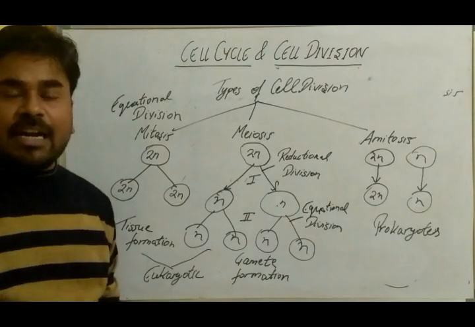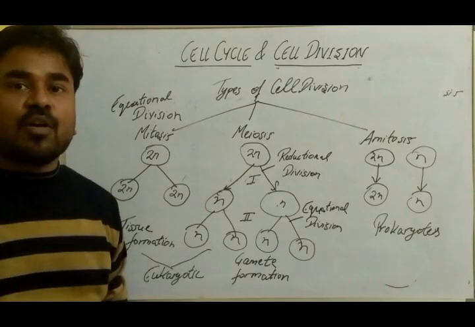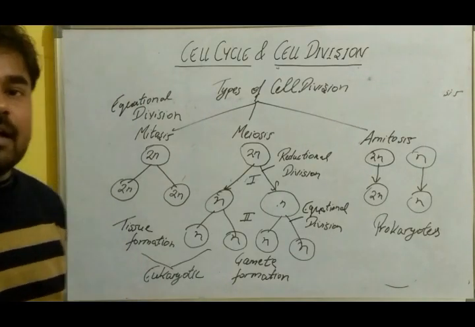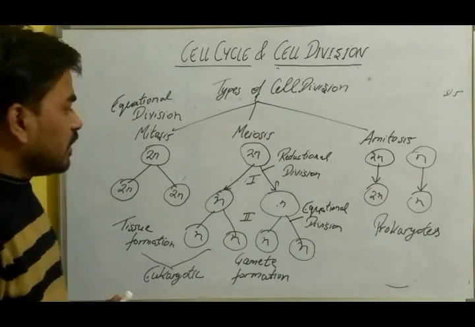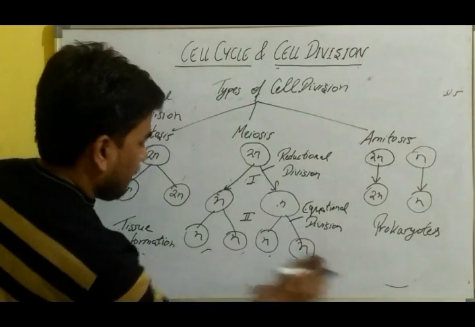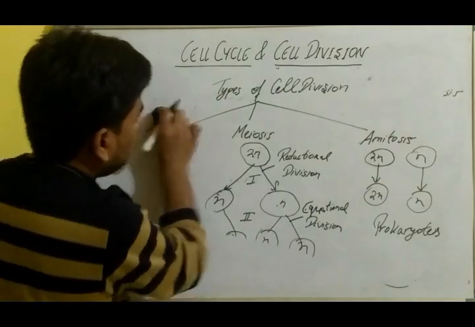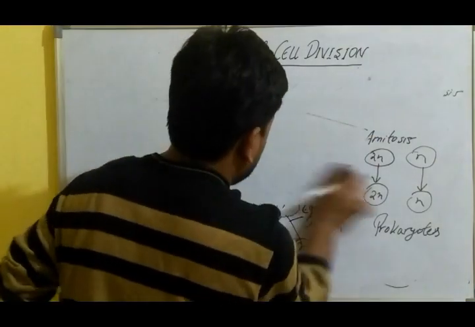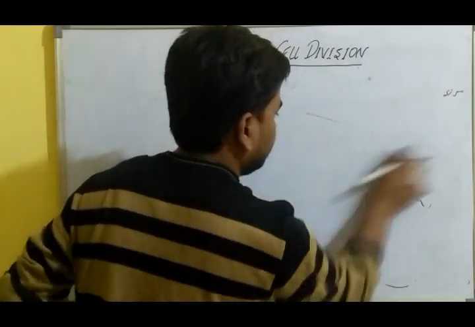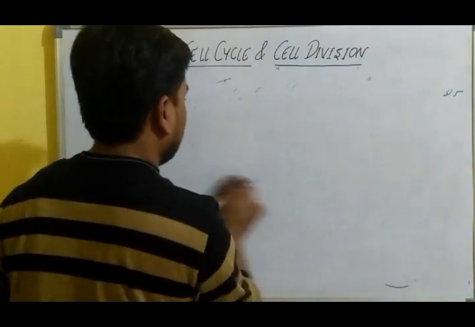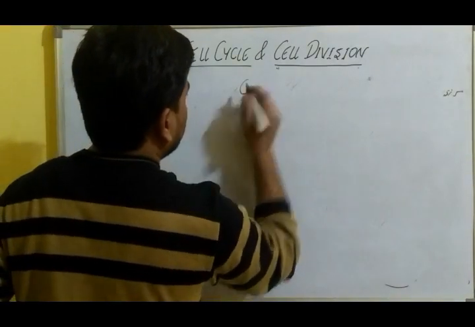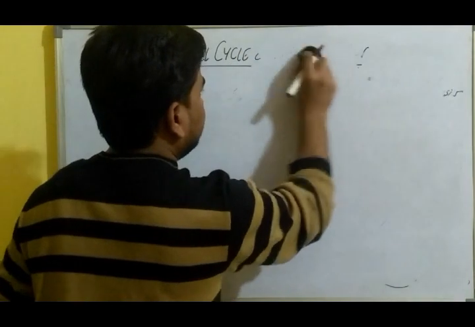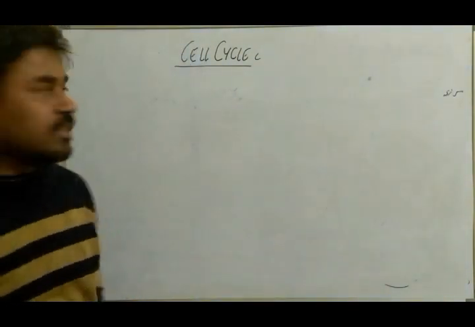Now the cell division has a number of phases, and that forms the cell cycle. So let's see the cell cycle. In the cell cycle, there are mainly two phases.